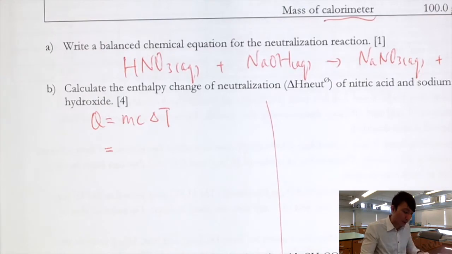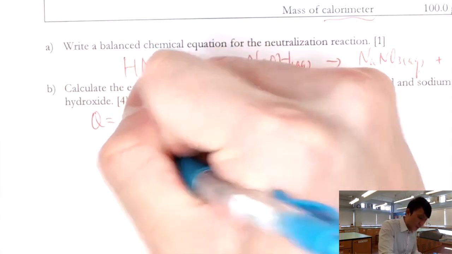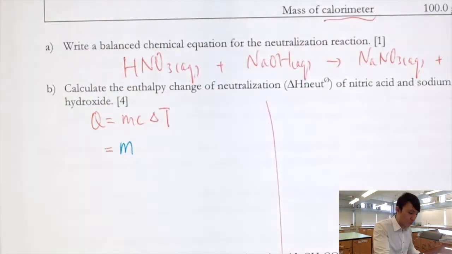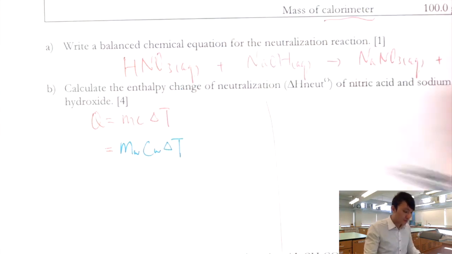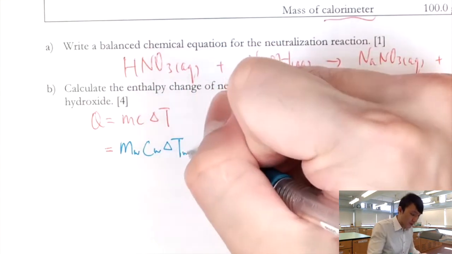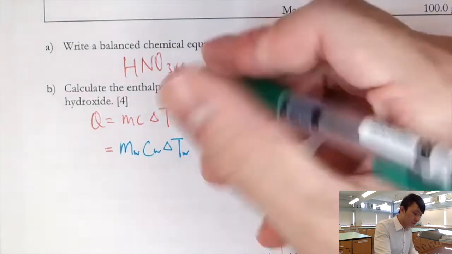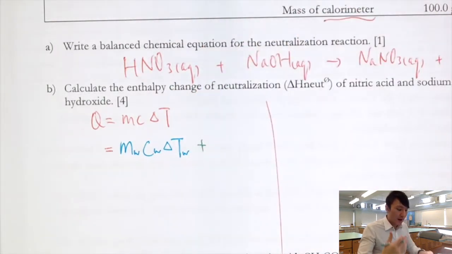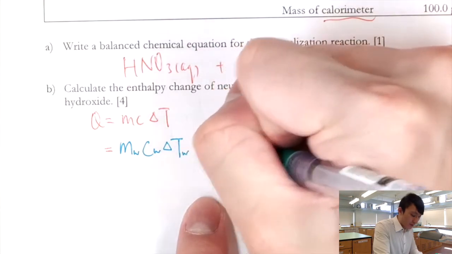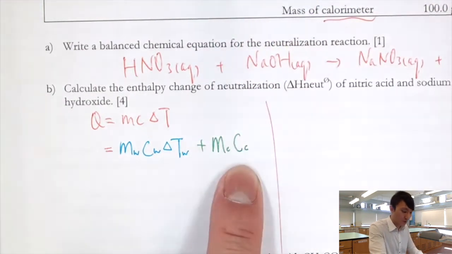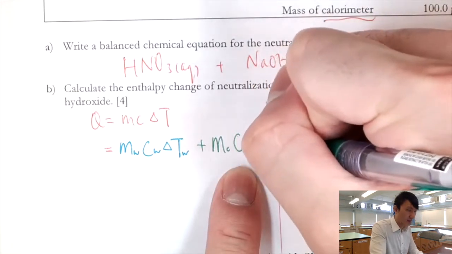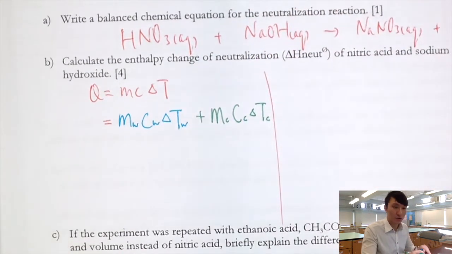First of all, we have our mixture. So the mass of the water, m_w, c_w, delta T_w, plus the mass of the calorimeter, the specific heat capacity of the calorimeter, and also the delta T of the calorimeter. So there are actually two parts, right?